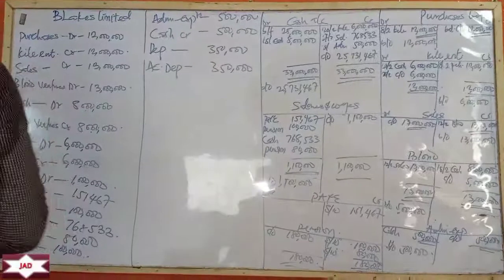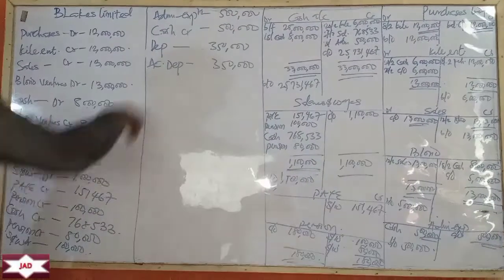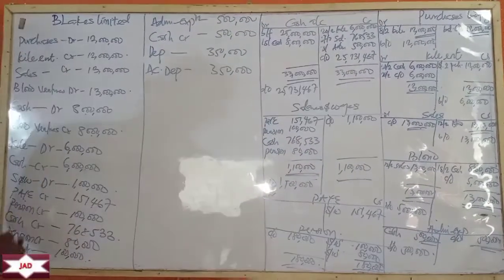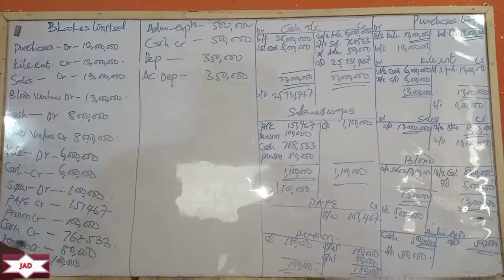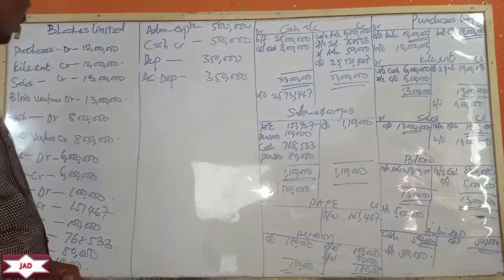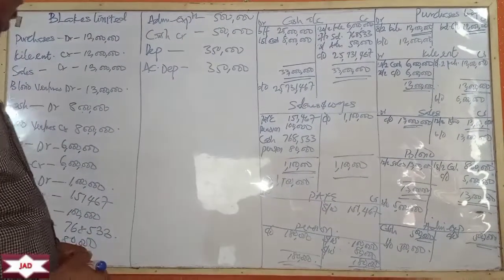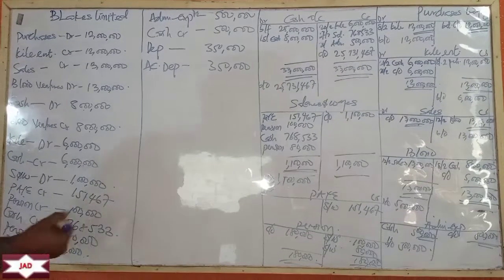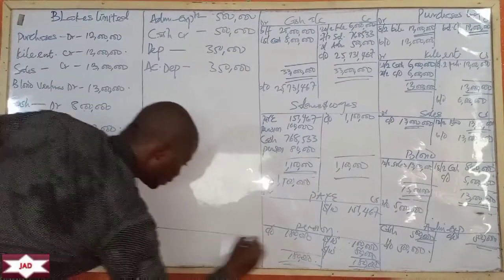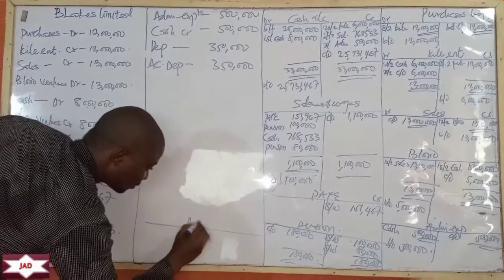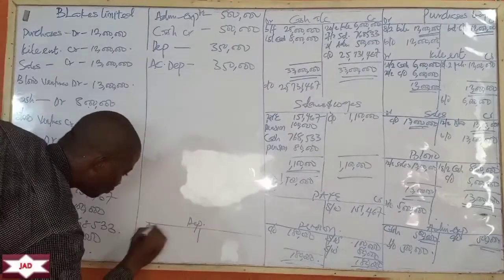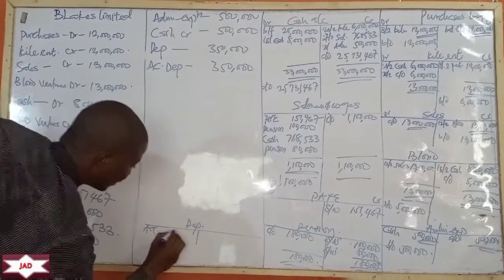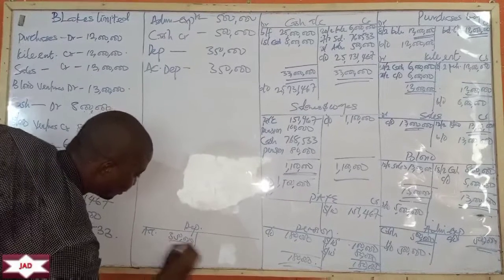So, depreciation. You have depreciation here. Then we put depreciation. Let's see. Okay, let's do depreciation here. So we have accumulated depreciation. How much is that? 350,000.